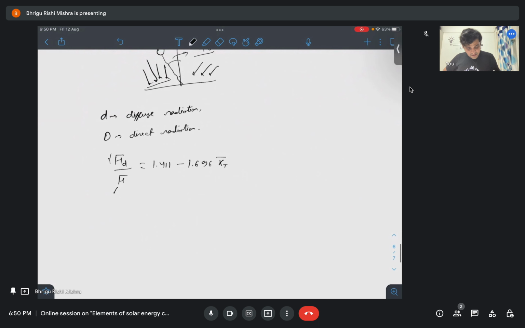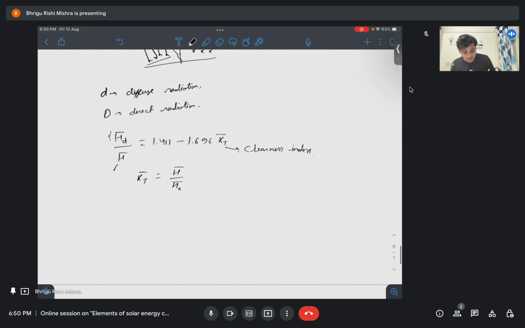This kT bar is the clearness index, and it can be calculated as kT bar equals H bar by H naught bar. And thus for the direct we can calculate it as H bar minus HD bar over H bar, equals 1 minus HD bar by H bar.